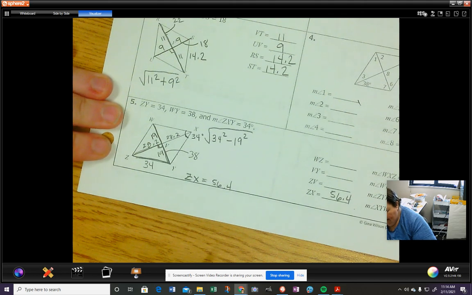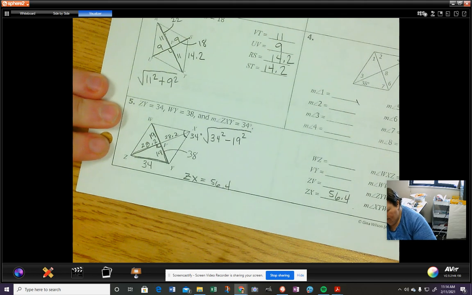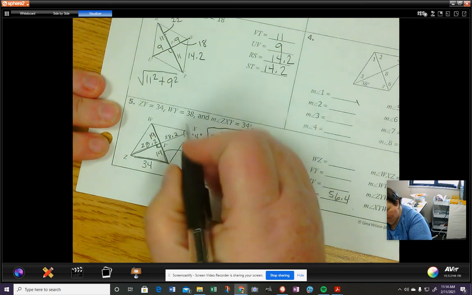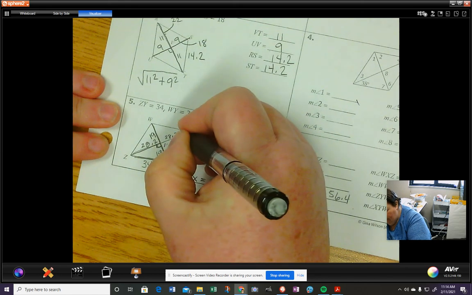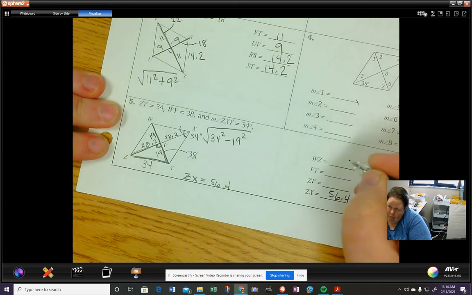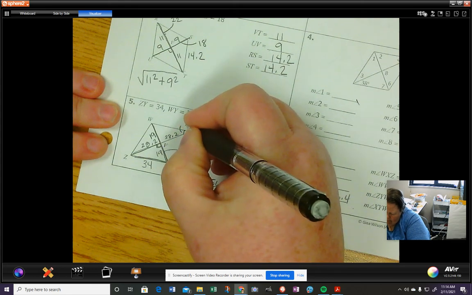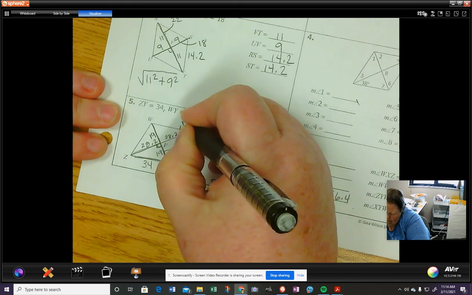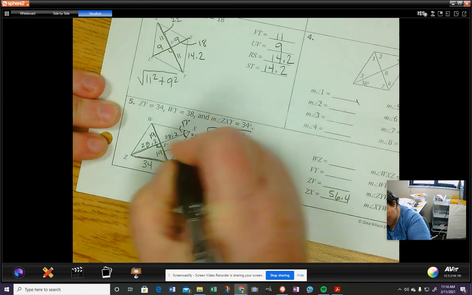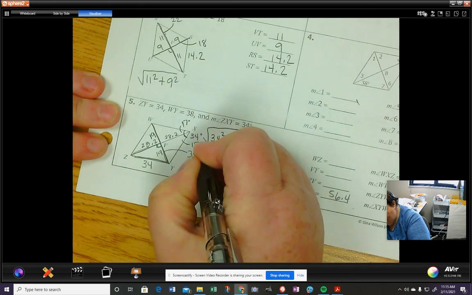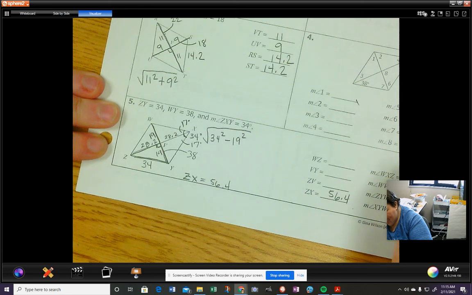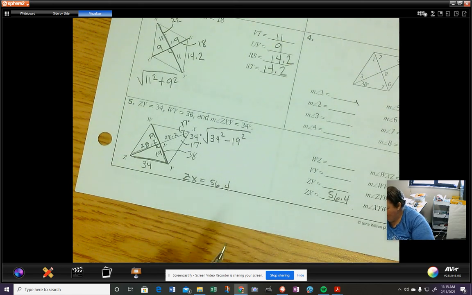All right. Let's see. What else can we figure out? Oh, 34 divided by 2 is 17. That one's 17 degrees. This one's 17 degrees. So 90 plus 17 equals 107.